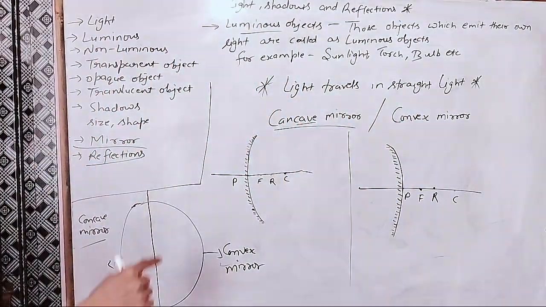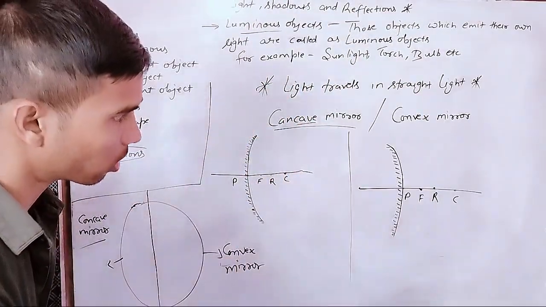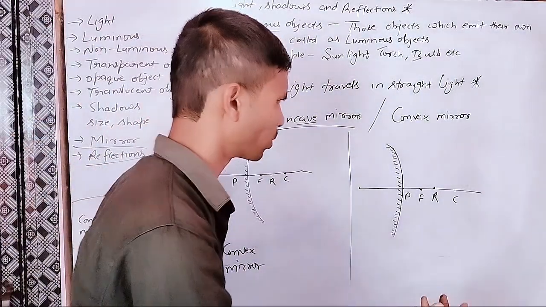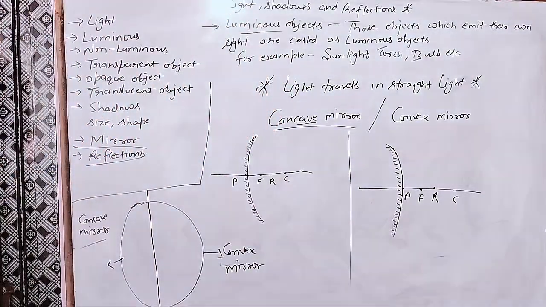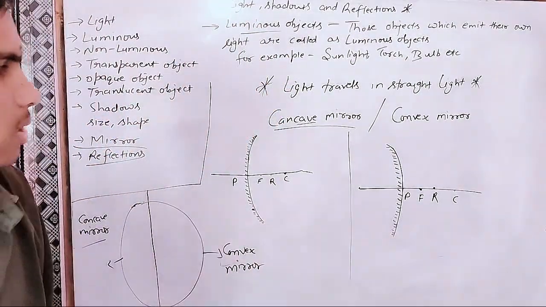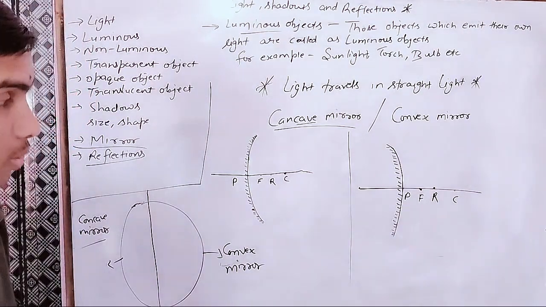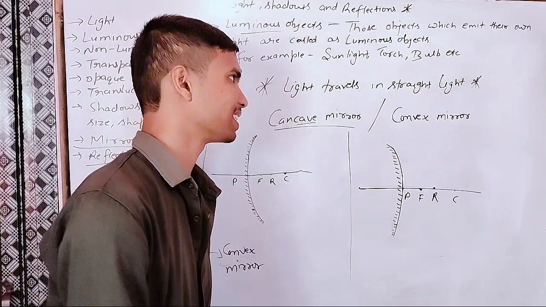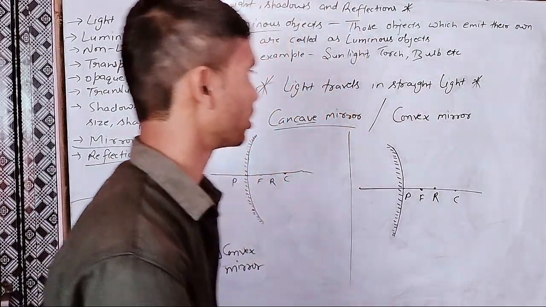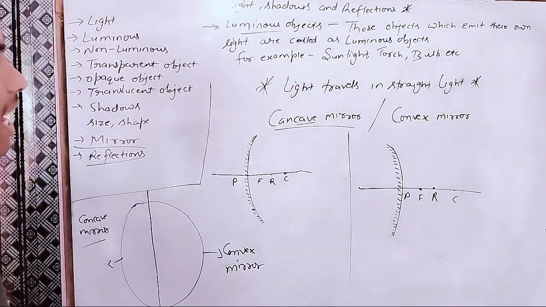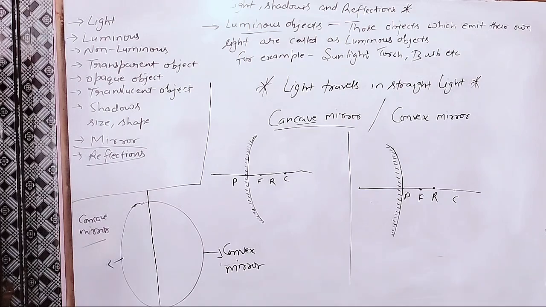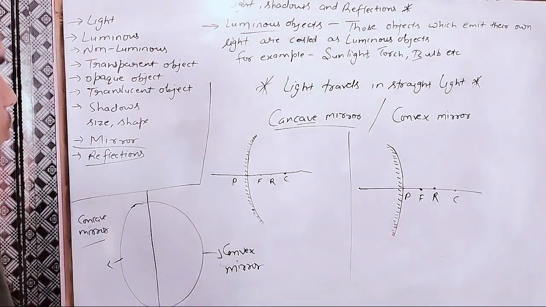Regarding this pole, focus, focal length, radius, curvature of this mirror, we will try to understand in 10th standard. Also the formation of the image in a concave mirror and in a convex mirror, we will try to understand in 10th standard.